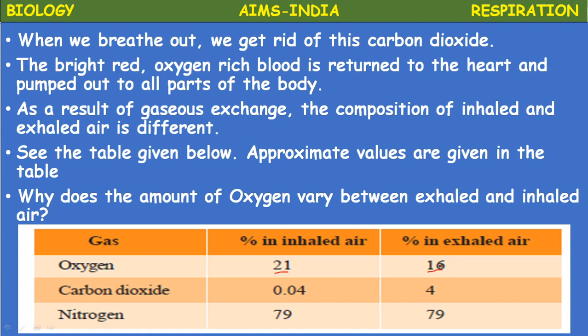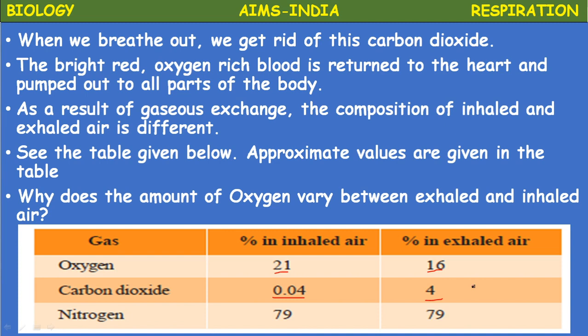Because some amount of oxygen is used by us in the process of respiration. So that's why the oxygen percentage is decreased in the exhaled air, whereas the carbon dioxide percent is only 0.04 in the inhaled air, but there is an increase in the percentage of carbon dioxide in the exhaled air, because during exhalation we are adding more carbon dioxide.